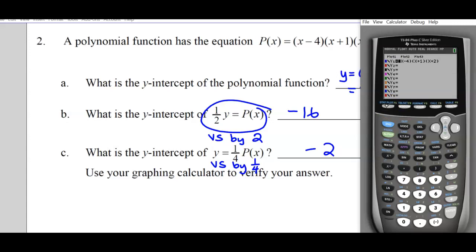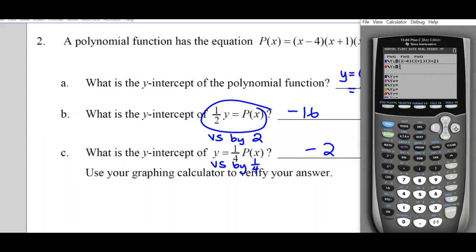So you could put 1/4 with all of those brackets in again, or what you can do is go 1/4, so 1 divided by 4, or if you have the fraction form, you can go 1/4, okay? And then put in y1. It will copy out whatever you had in for y1, which is what we want to multiply by, p of x.